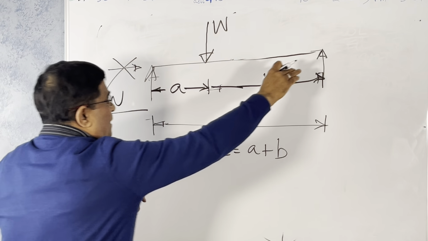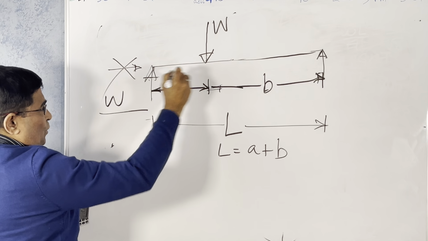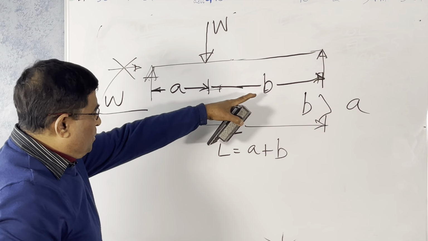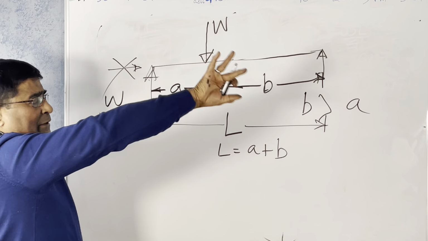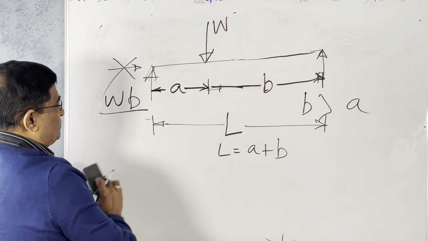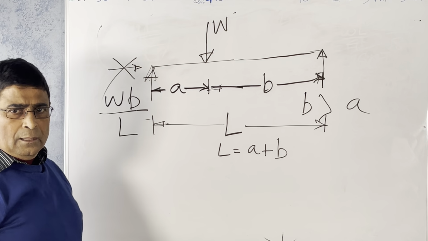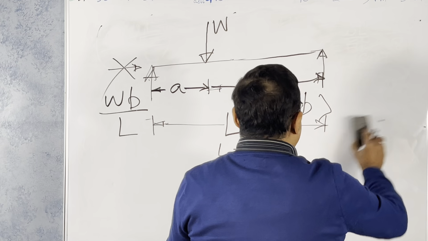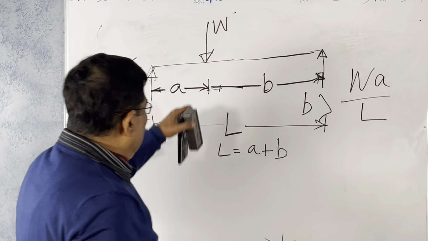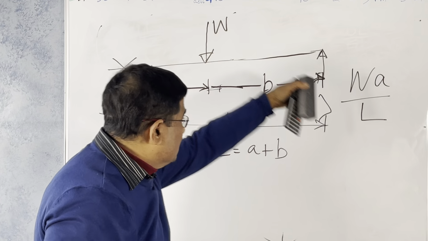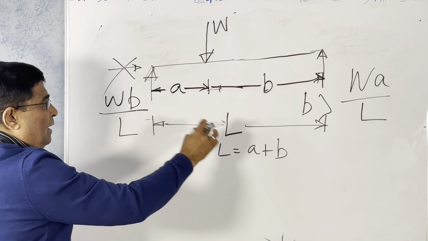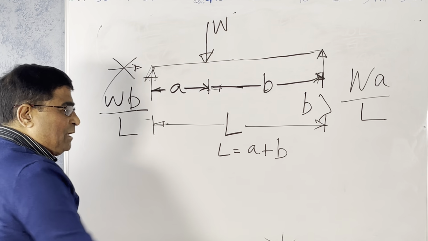B is bigger than A, so A is smaller than B. Without calculating, you can say the higher reaction is WB divided by L, and the other reaction will be W times A over L. A less share of the load goes there, a higher share goes here. So W times B over L, W times A over L, and L is equal to A plus B.